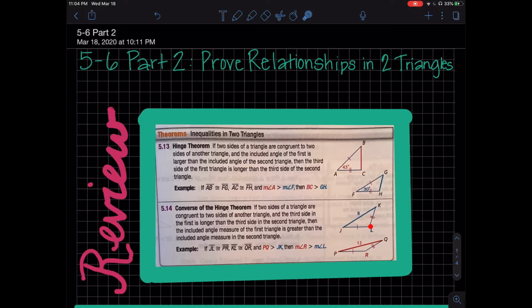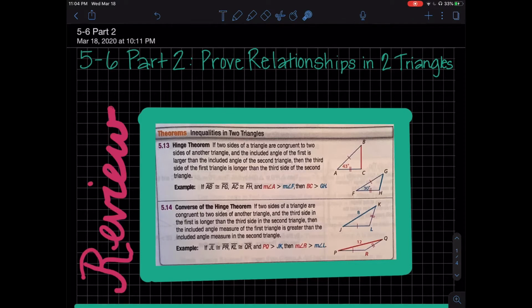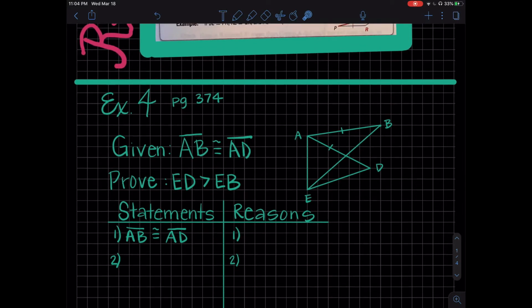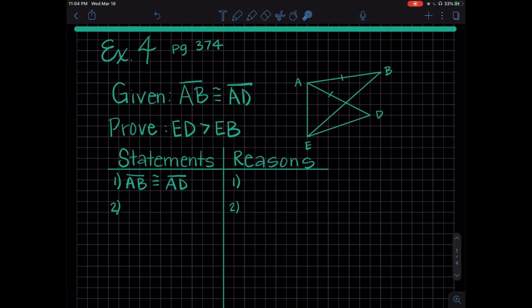So JL is congruent to PR, KL is congruent to QR, and JK is less than PQ. That means that the measure of angle R is greater than the measure of angle L. Okay, so that's just a quick review. And now we're going to talk about adding this into some proofs.